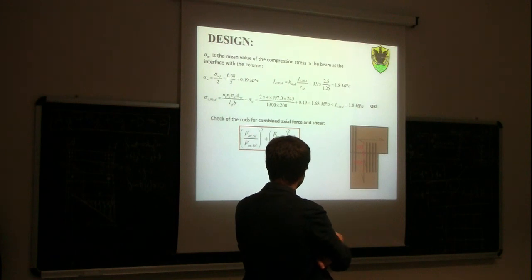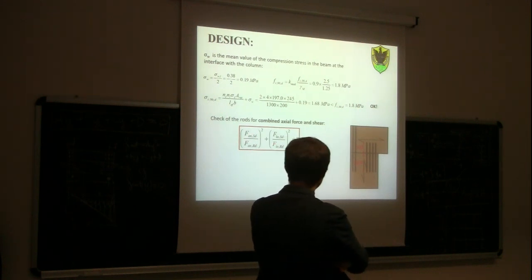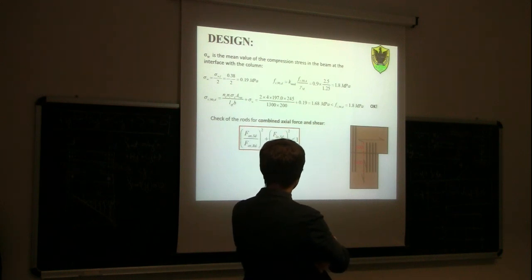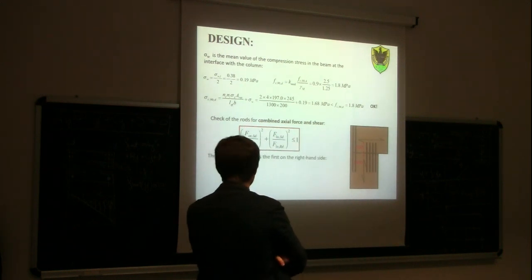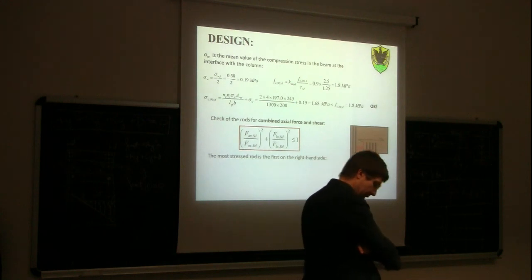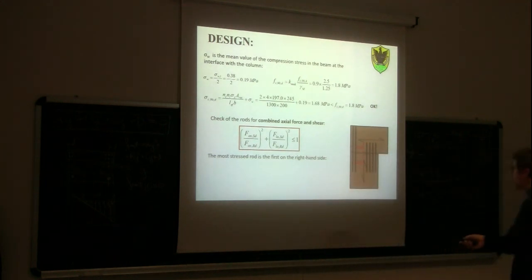Then we square both ratios, we sum them, and the sum shall be less than or equal to 1. In our case, the most stressed rod is the first on the right hand side. So this is the most stressed rod, where we have the maximum axial force. So we are going to check this rod for interaction between axial force and shear.